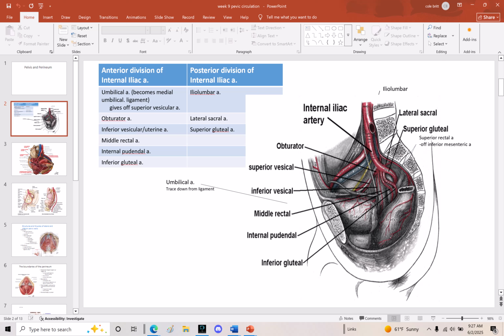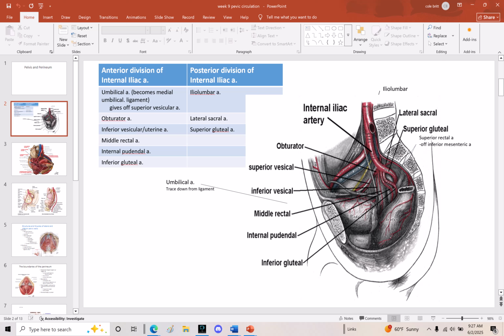Then we have the inferior gluteal artery right here. Now, right here, this is the piriformis muscle. We'll talk about the piriformis muscle in a few minutes. But the inferior gluteal artery actually leaves the pelvis, doesn't do anything inside the pelvis at all. It supplies the gluteus maximus. And then this anterior division becomes the internal pudendal artery.